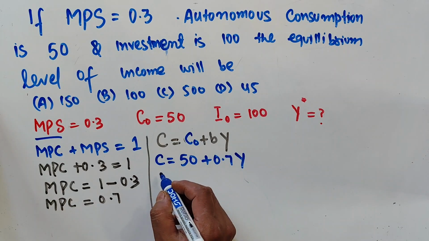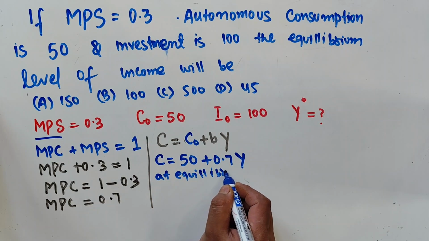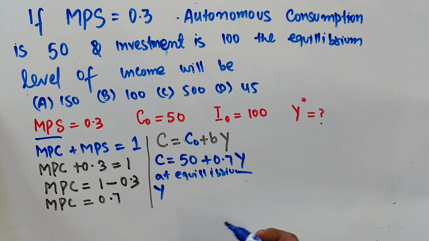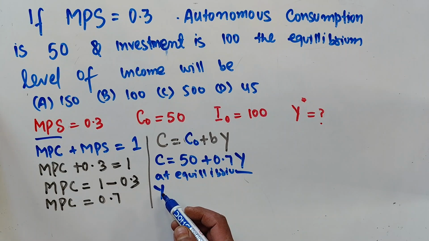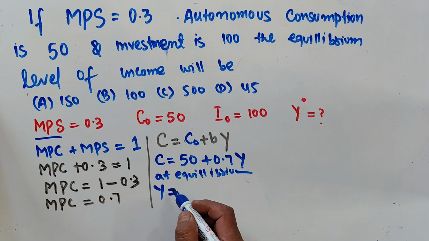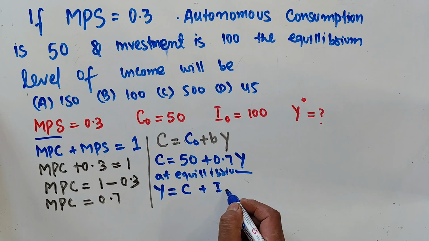Now we know at equilibrium, our total aggregate demand should be equal to aggregate supply, and here total income should be equal to total expenditure. So Y should be equal to consumption expenditure plus investment expenditure.